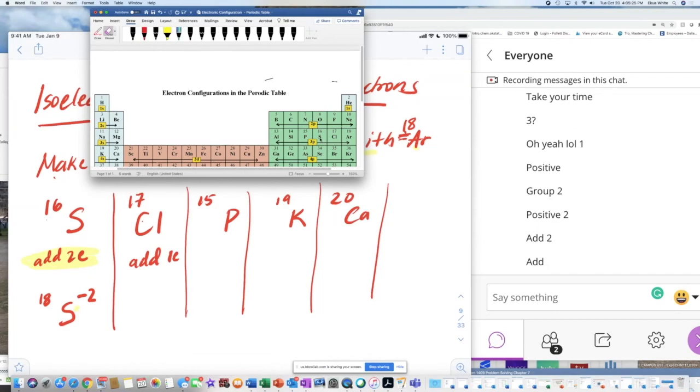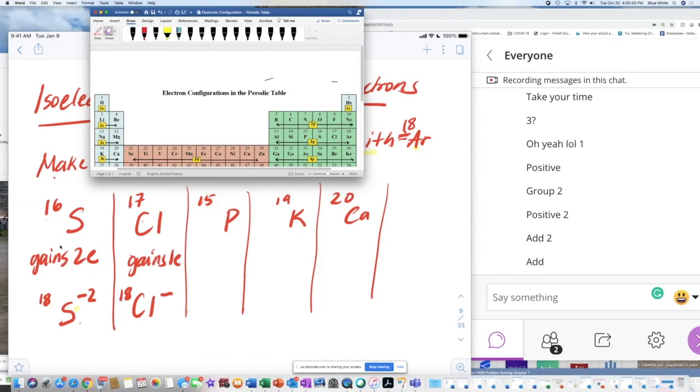When sulfur is here, to have 18 electrons, we have to label it as negative 2, meaning it gained 2 electrons. The language they'll give you is gains 2 electrons to become this. Here, chlorine gains 1 electron to become Cl minus.